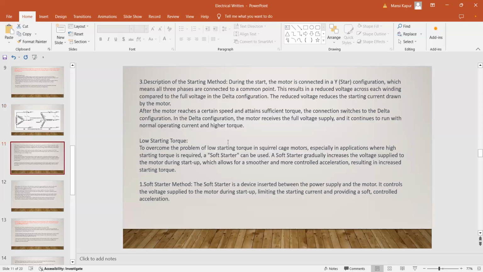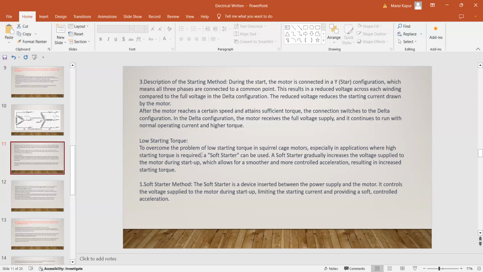Second part is low starting torque. To overcome the problem of low starting torque in the squirrel cage motor, especially in applications where high torque is required, a soft starter can be used. A soft starter gradually increases the voltage supply to the motor during startup, which allows for smoother and more controlled acceleration, resulting in increased starting torque.